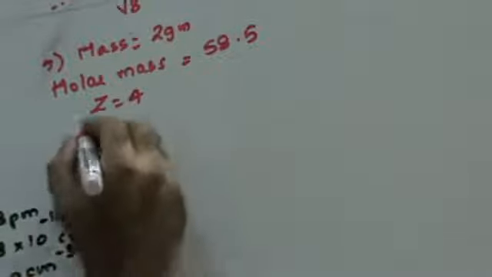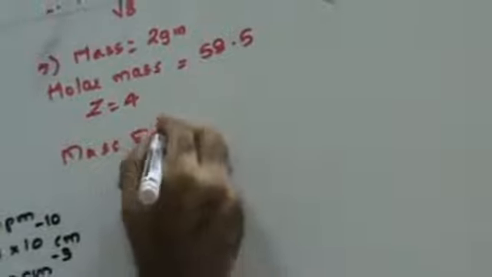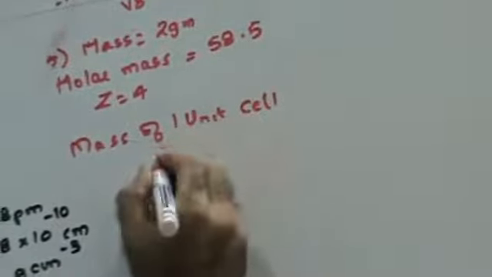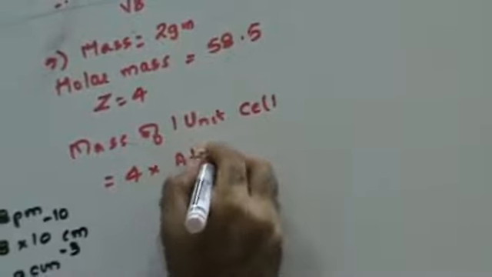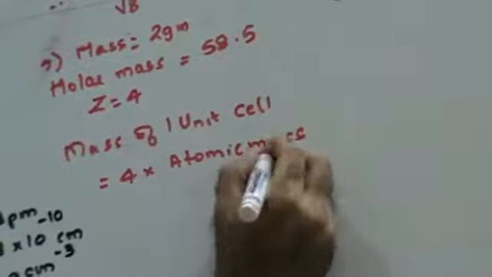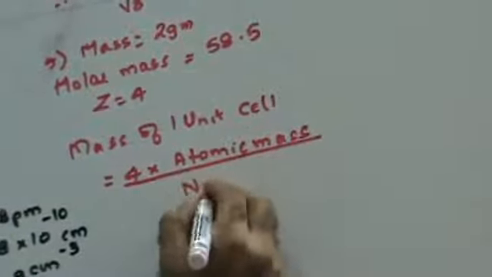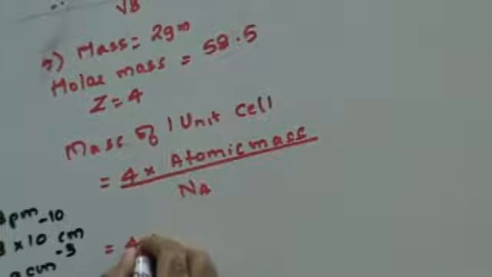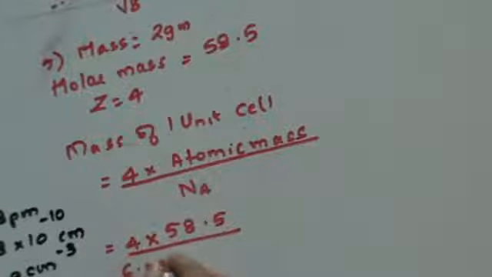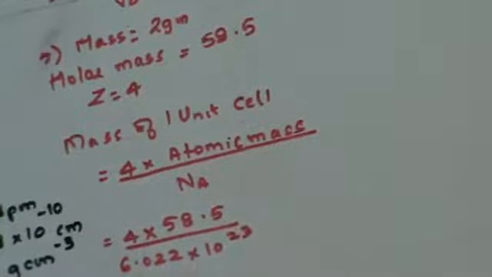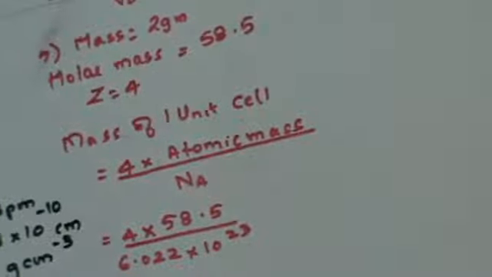Now, first I can find out mass of 1 unit cell. Since it is an FCC structure, that means 4 into atomic mass upon Avogadro's number. Atomic mass is given to you as 58.5. Avogadro's number is 6.022 into 10 raised to 23. That will give me mass of 1 unit cell.